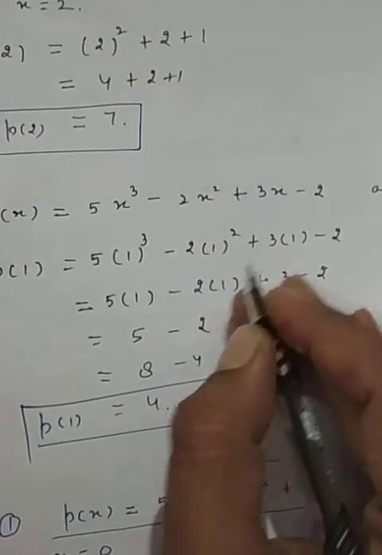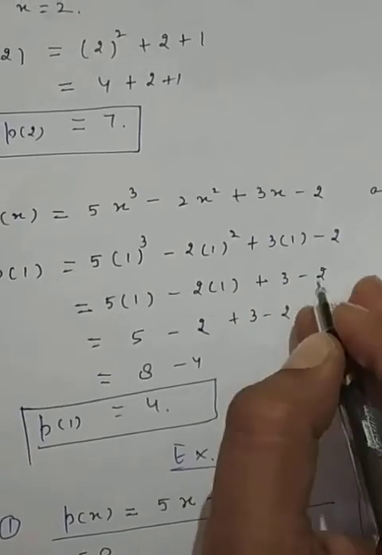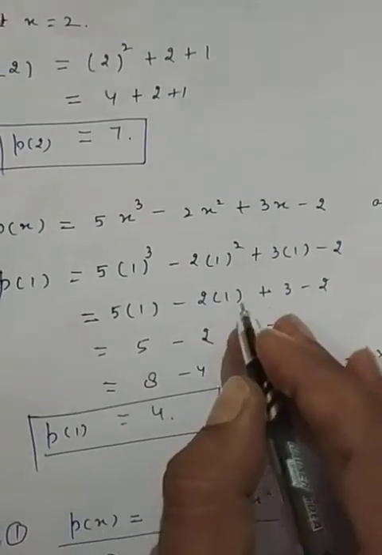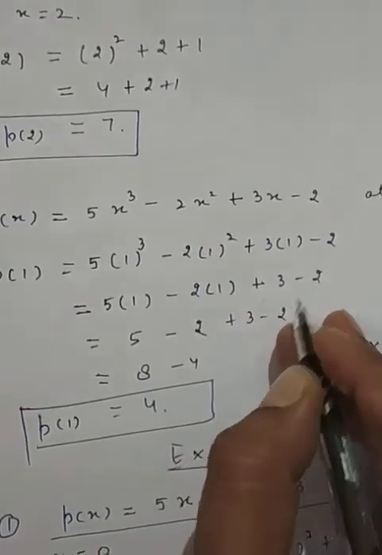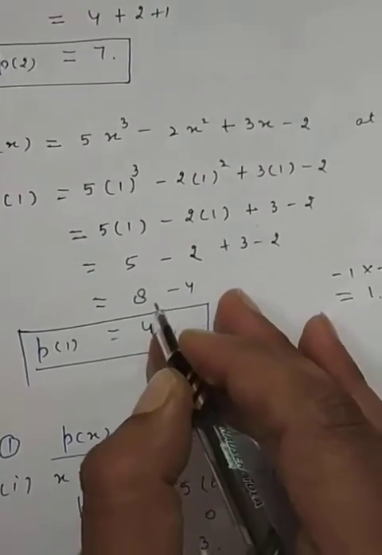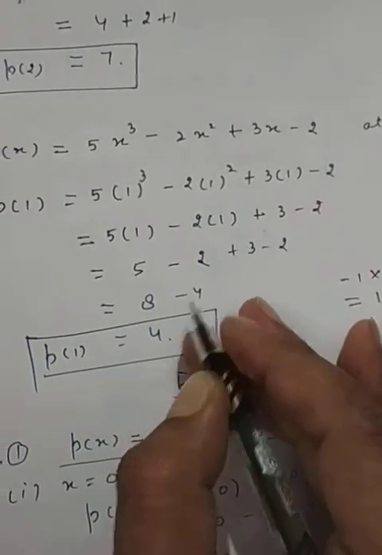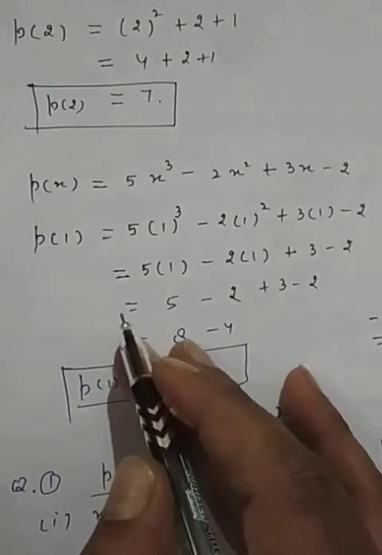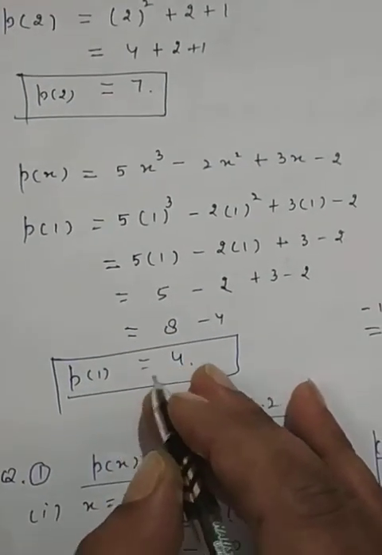Similarly 1 square is 1, 3 into 1 is 3 and minus 2. So 5 plus minus 2 plus 3 minus 2. Now positive values together, 5 plus 3 is 8, minus 2 and minus 2 is minus 4. So the value of polynomial p(x) at x equals 1 is 4.